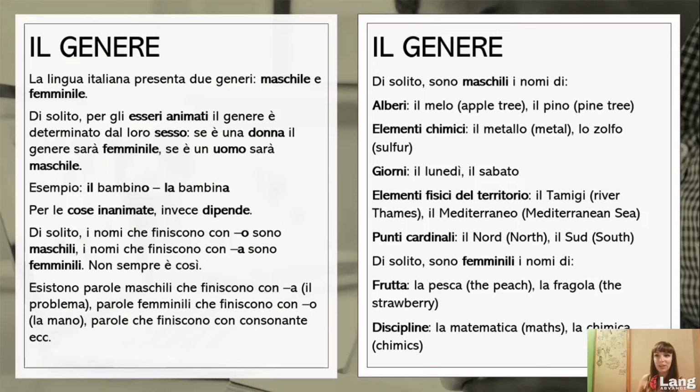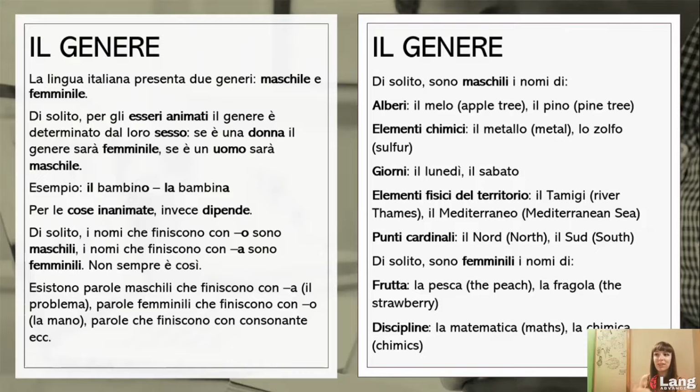Attention, the days of the week, they are all masculine: il lunedì, il martedì, il mercoledì, il giovedì, il venerdì, il sabato, but la domenica. Sunday is the only feminine day of the week in Italiano. When we refer to rivers, seas, oceans, they are usually masculine. When we refer to north, south, west, and east, they are masculine: il nord, il sud, l'ovest, l'est.